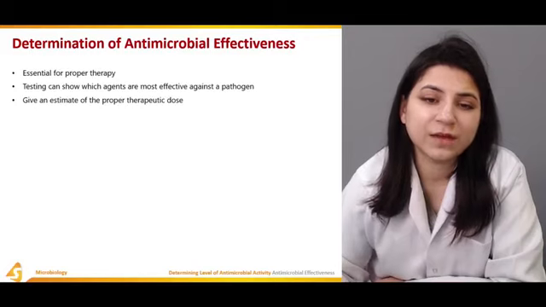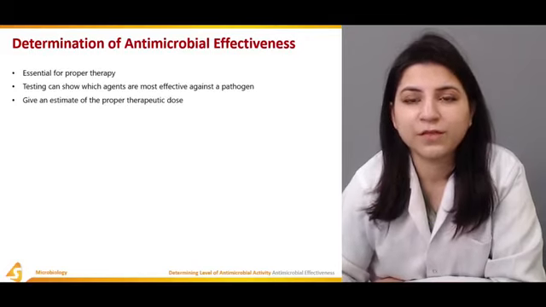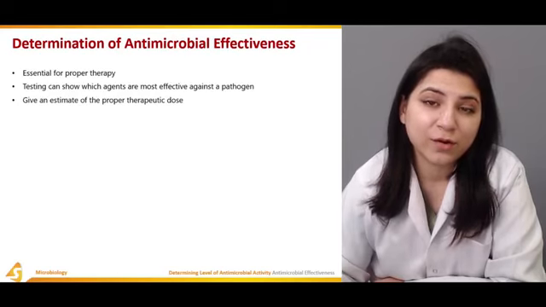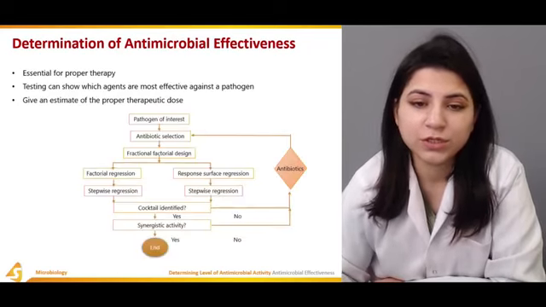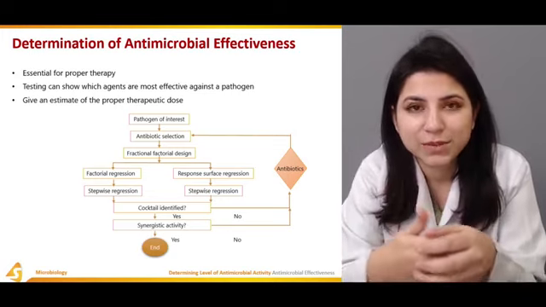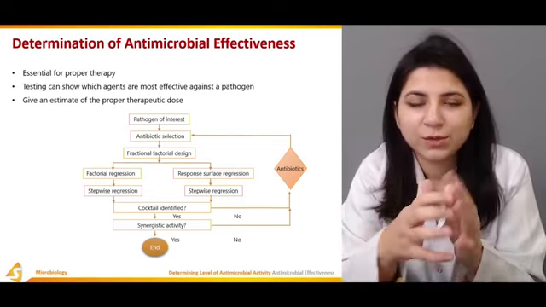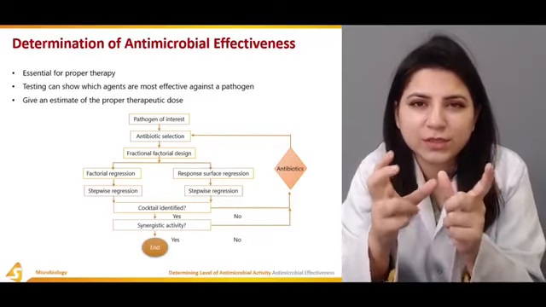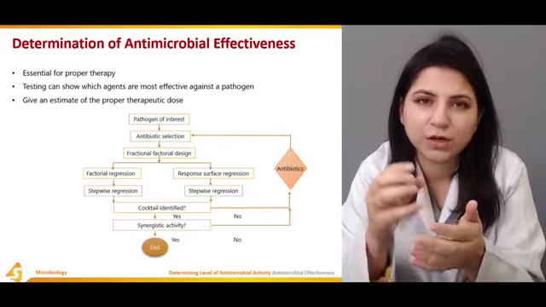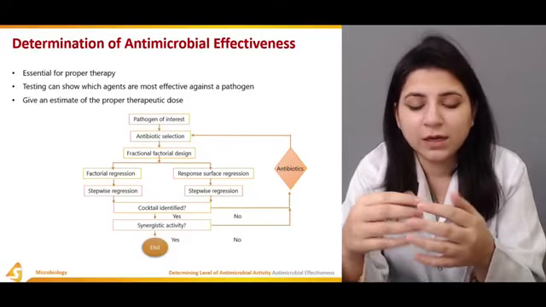So this gives a proper estimate of therapeutic dose, which is the ideal dose that can kill the microbe without damaging the host. So whenever we are talking about selecting a particular type of antibiotic, the first thing that we need to understand is the type of pathogen that you're targeting.